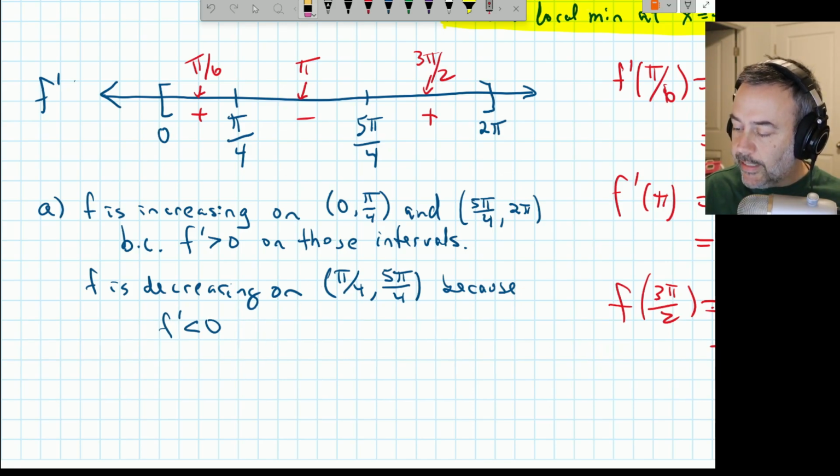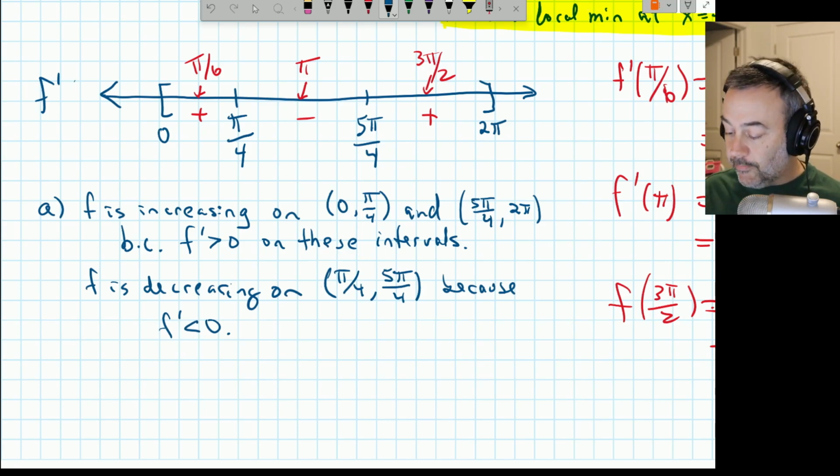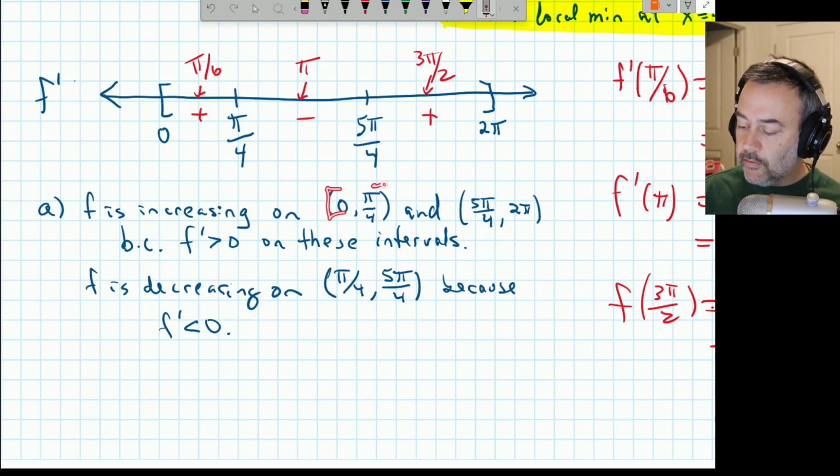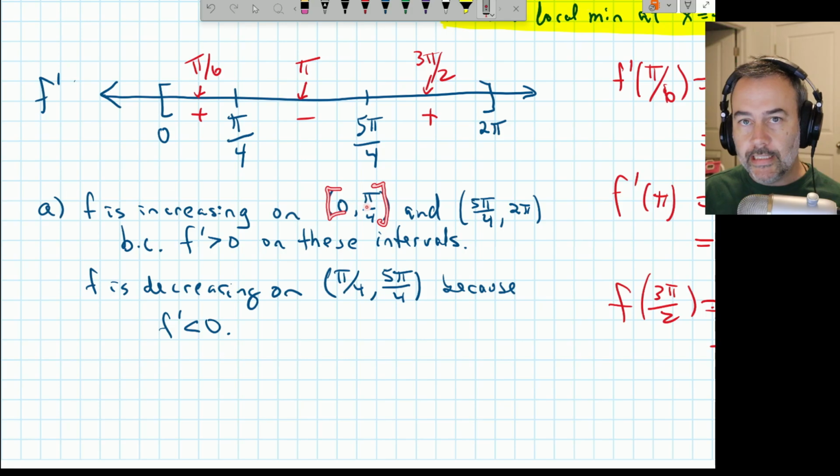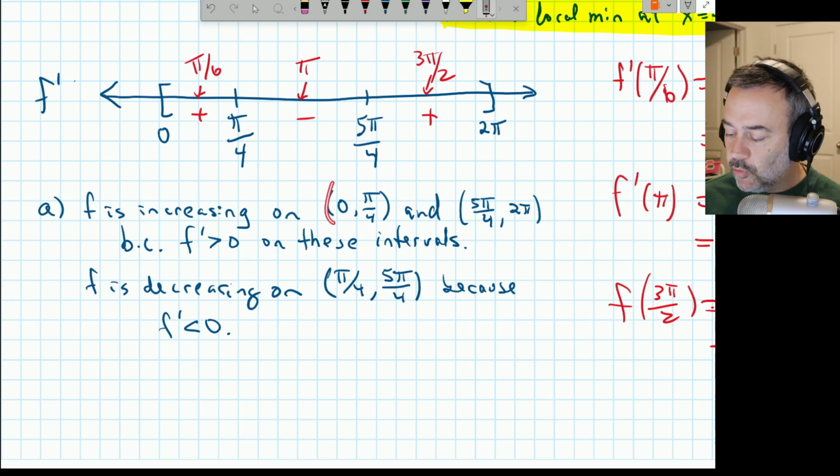We could just leave it at that. You don't even have to say on these intervals, but that's good enough. And remember, it doesn't matter whether you include the endpoints or not. Our book does not. Our convention is not to. Sometimes the College Board does.